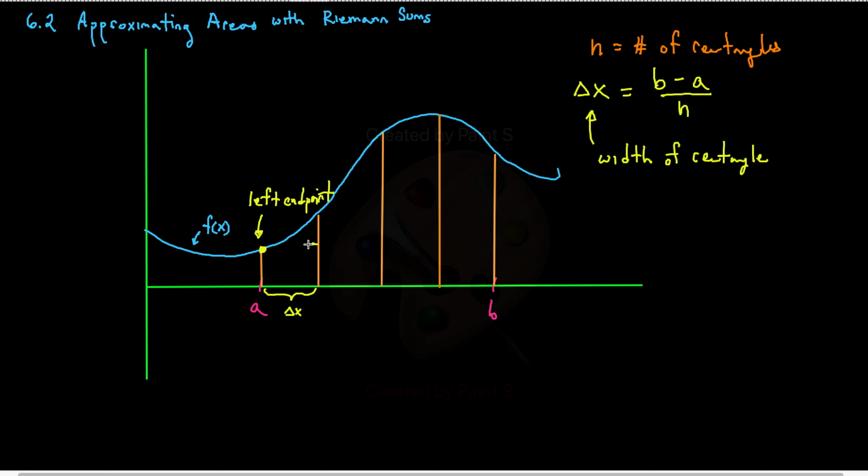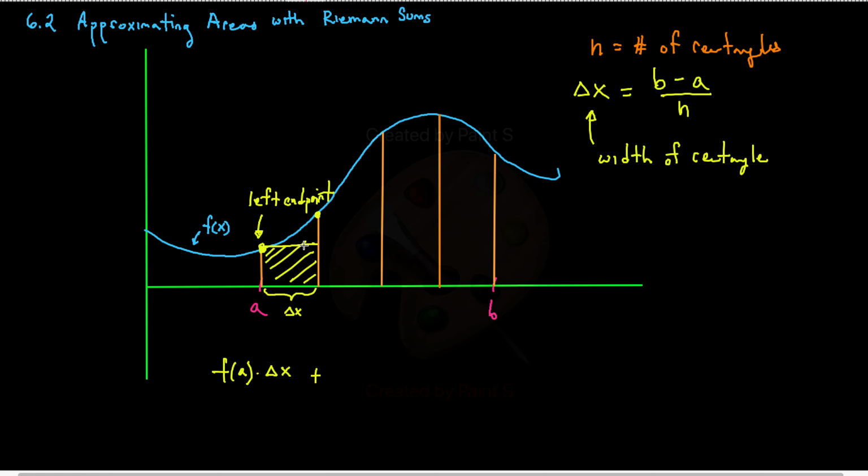So then that means that the entire rectangle would look like this. And that's one rectangle. So the height of this would be f of A, right? Just f of A, where my function is at A. And then the area would be f of A times delta x. Plus, and I want to continue to use left endpoints.